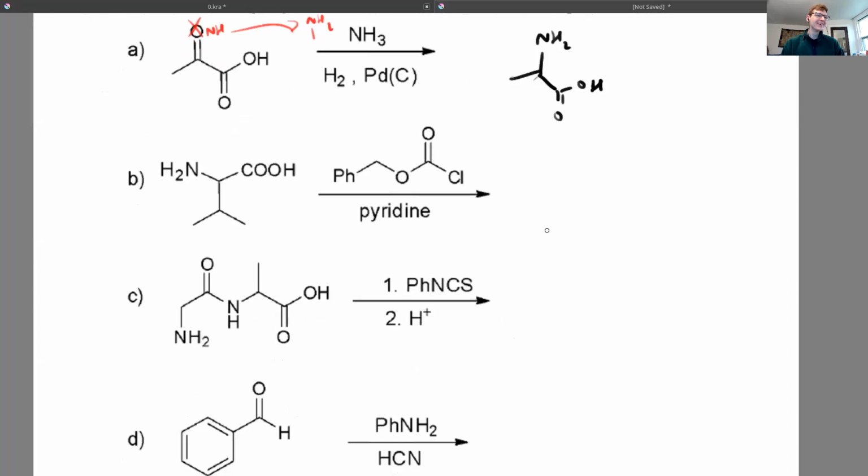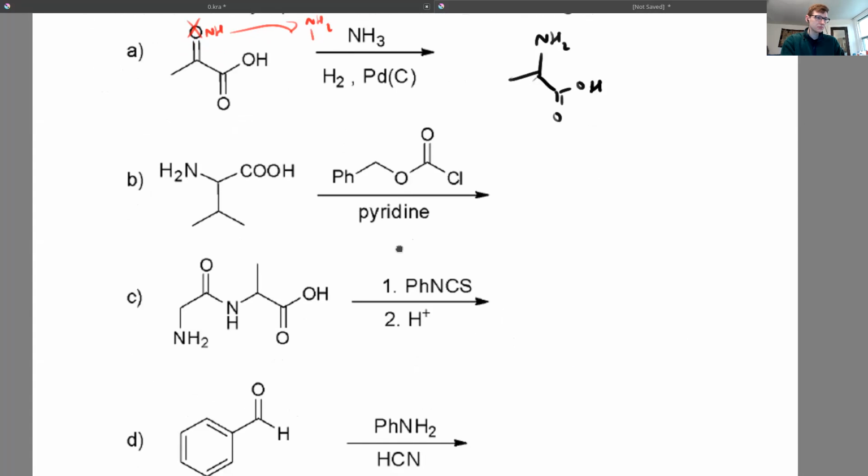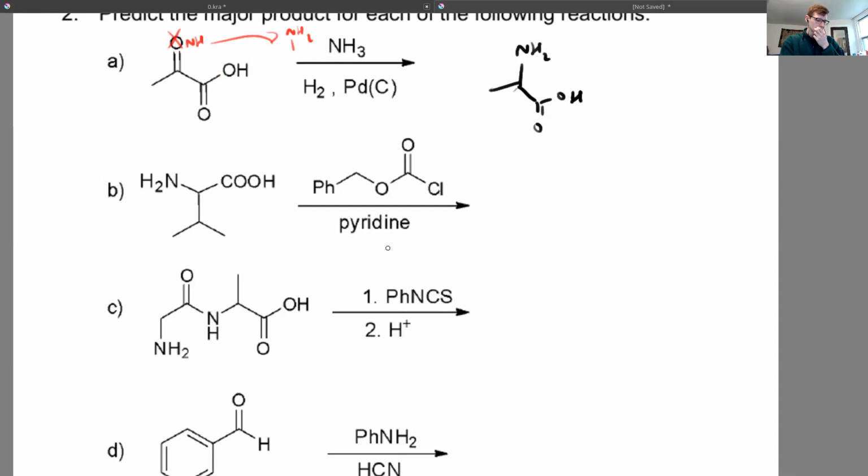Okay. Not quite as simple. What the hell is this? I assume this is acylation reduction. So the amine would probably be reacting with the acyl chloride.